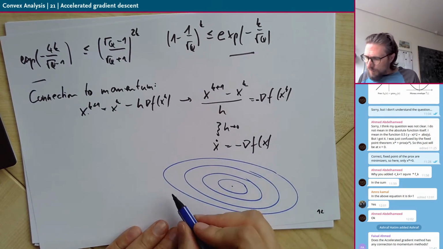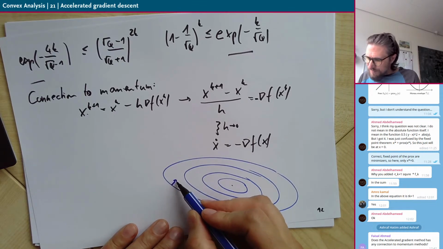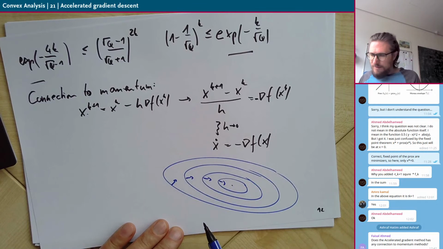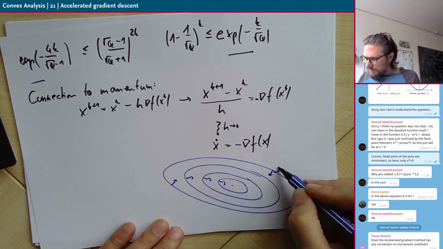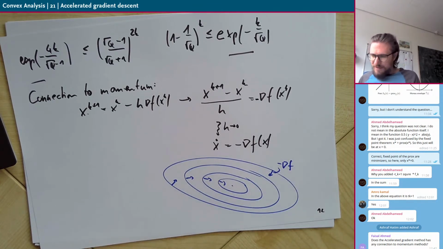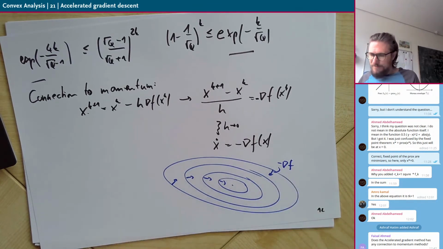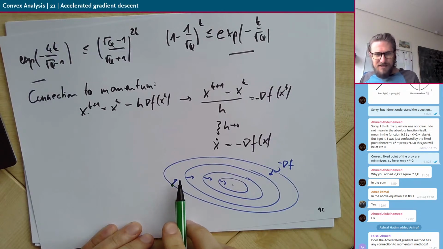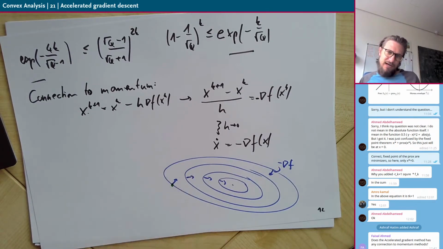We also know that the negative gradient points in this direction. It always points downwards and is always perpendicular to the level lines. So this differential equation says if you start here, you always move in the direction of the negative gradient, and the speed is the size of the negative gradient.